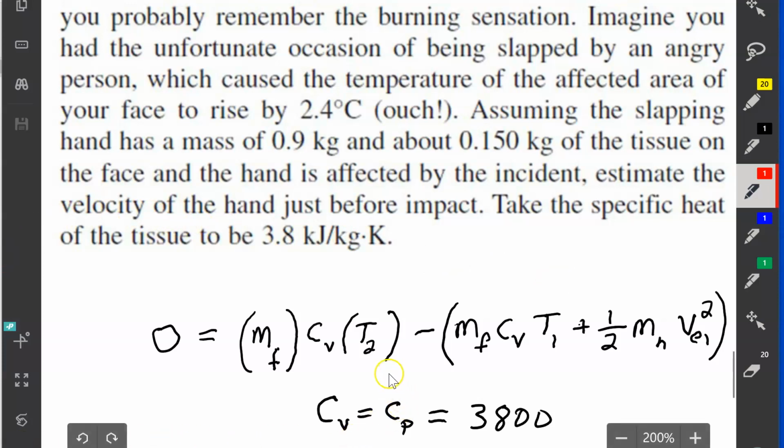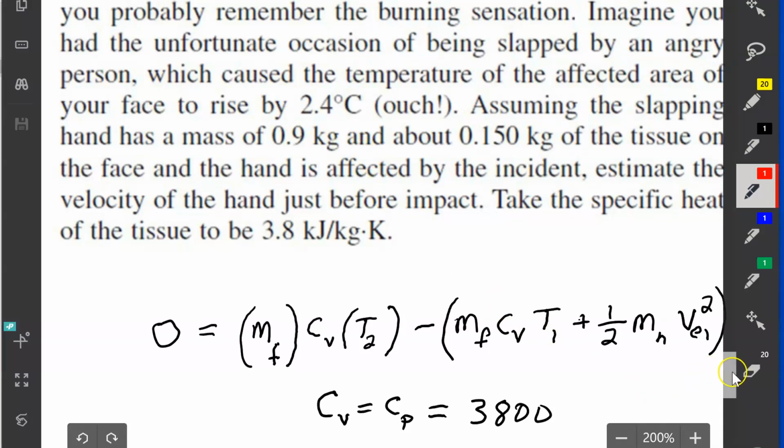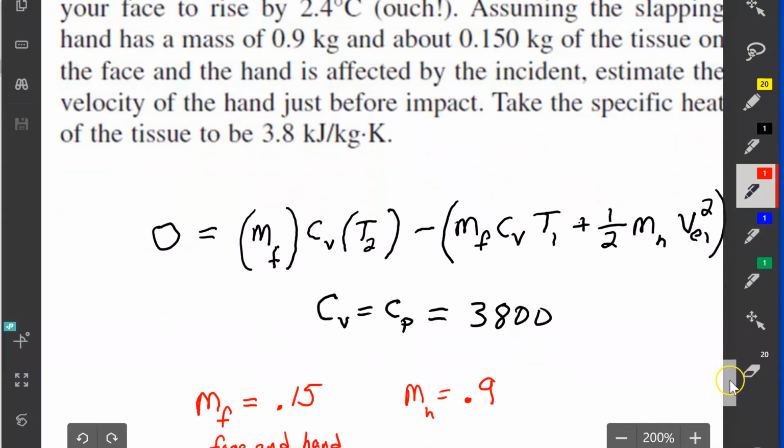If you notice, the 2 temperatures are both multiplied by the same quantities, mass times C_V. So it's going to reduce to T2 minus T1, which is the temperature rise, 2.4. So even though you don't know the initial temperature, you really only need to know the change in the temperature.